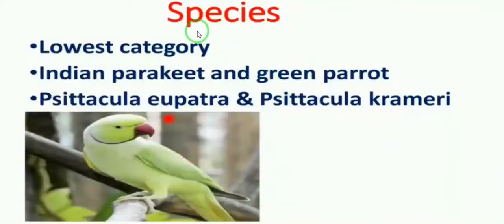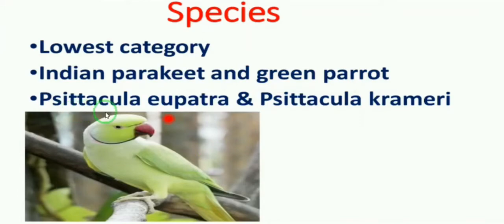The first one is species. Species is the lowest taxonomic category. For example, Indian parakeet and green parrot. The scientific name of Indian parakeet is Psittacula eupatra and the scientific name of green parrot is Psittacula crameri.